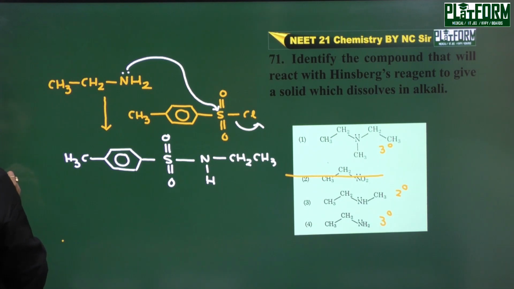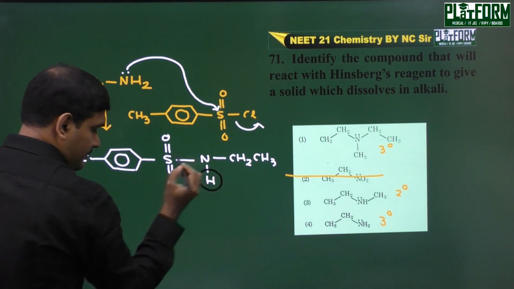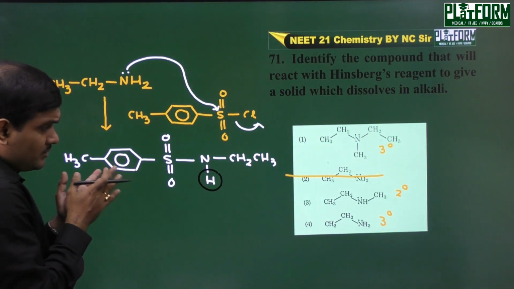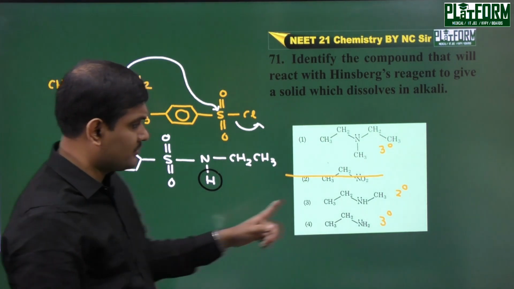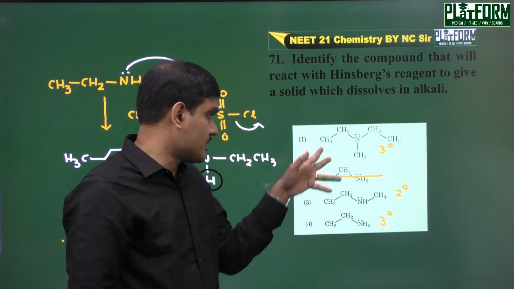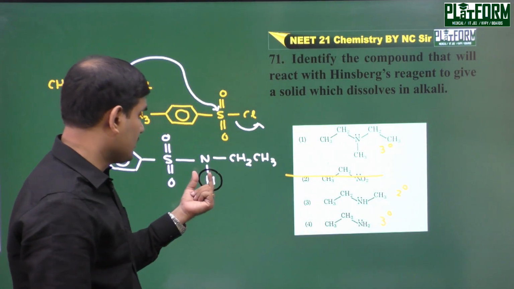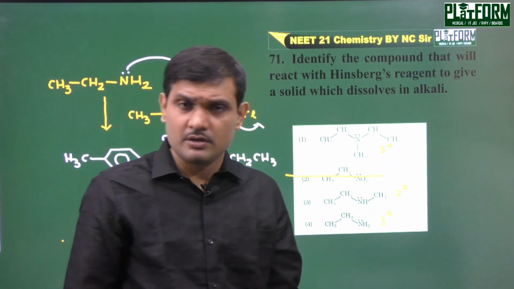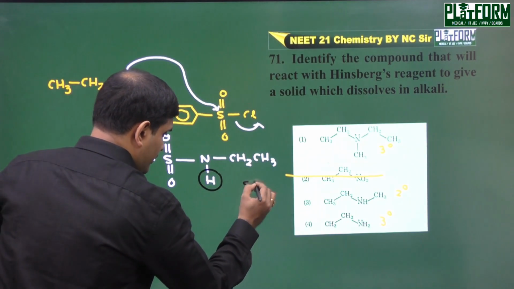This hydrogen is an acidic hydrogen. These sulfonamides can be produced by primary and secondary amines both, but tertiary amines cannot, because there is no hydrogen, so they will not react with para-toluene sulfonyl chloride. So this compound is a solid.